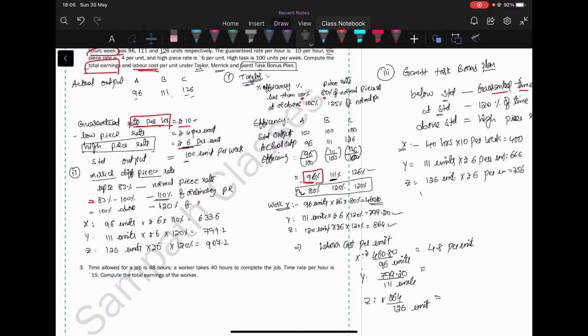For Y, 799.20 divided by 111 units, that is 7.2 per unit. This is the labor cost. 864 divided by 126, that is 6.85 or 86 per unit.